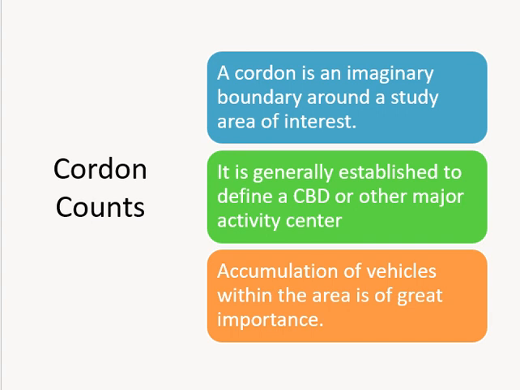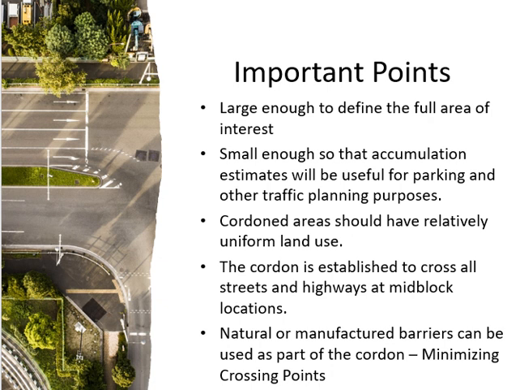Any vehicle which came in and didn't go out is inside the area, right? So we have to find out how many vehicles came in and how many vehicles went out. Whatever the difference is inside the area. Clear?